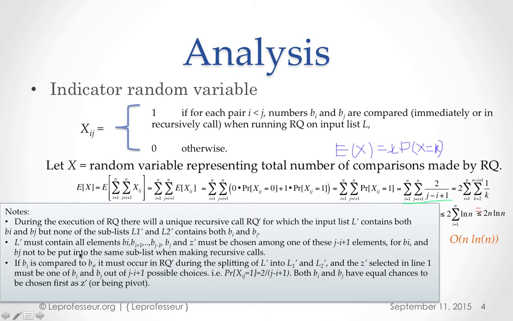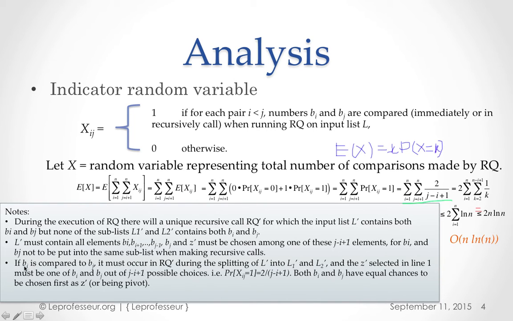And it is chosen such that your Bi and Bj are not put in the same sublist. Otherwise, there will be no comparison, and we say the value will be 0. So to make a comparison, or to get this random variable Xij a value 1, either of these must be z.